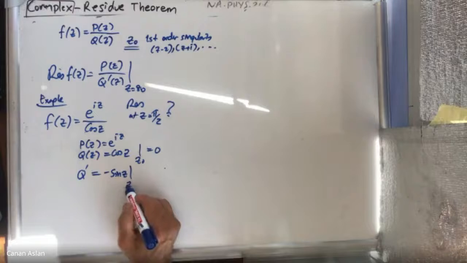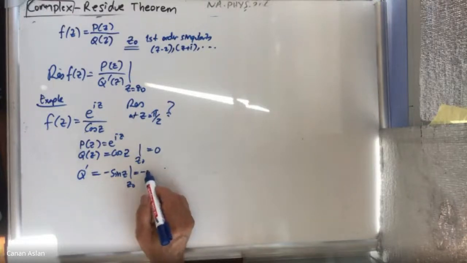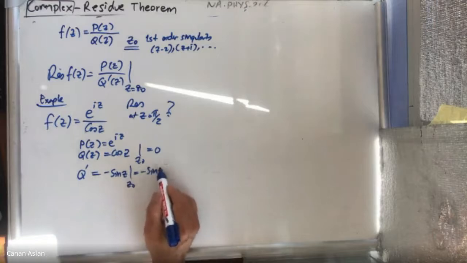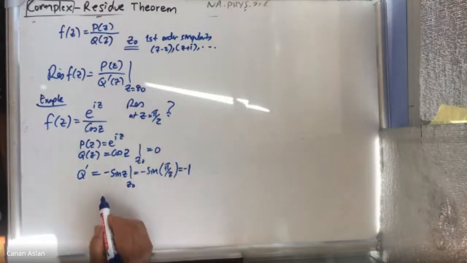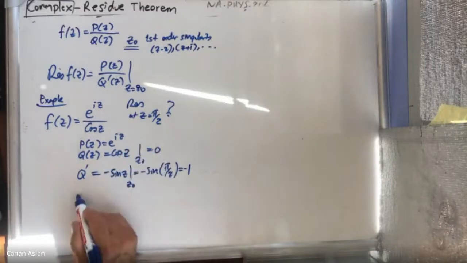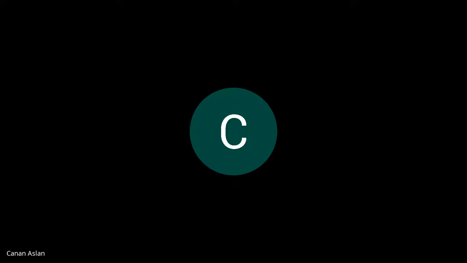Now, if you put z0, it's going to be minus sine of pi over 2, but sine of pi over 2 is 1, so the result is just minus 1. Now what about P at z equals pi over 2? It's just e to the i pi over 2.